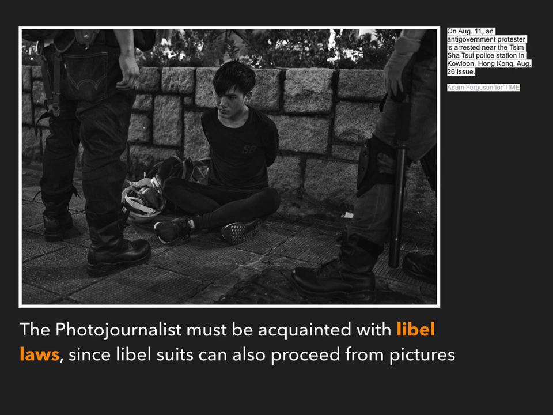So again, that goes back to ethical standards in photojournalism. Again, be as honest as possible in your photography, and don't damage someone's reputation deliberately. And we will go into further detail about that in ethics and law in a later presentation.